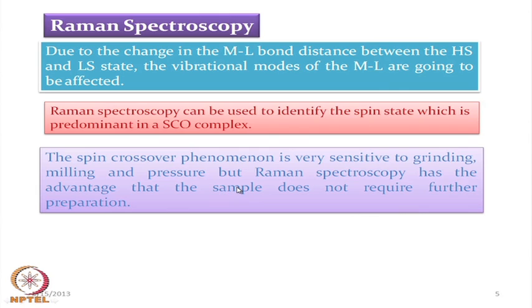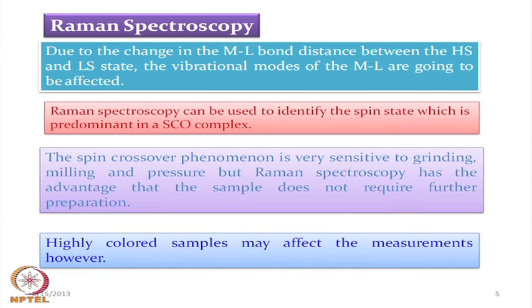Whatever sample we have does not require further preparation like grinding, milling and pressurization in the press to get the KBr pellet. So, Raman spectroscopy is a very safe way to measure the corresponding frequencies for SCO complexes, but some highly colored samples may affect the measurements because colored samples cannot be handled nicely in this spectroscopy.